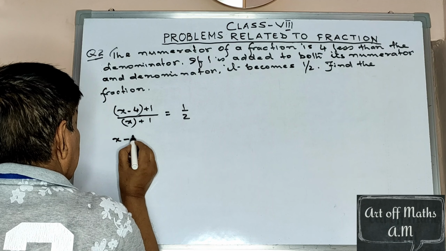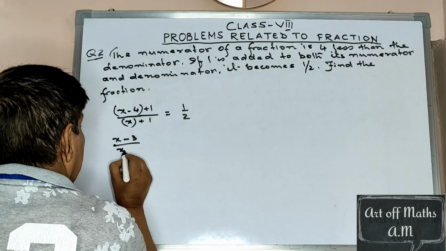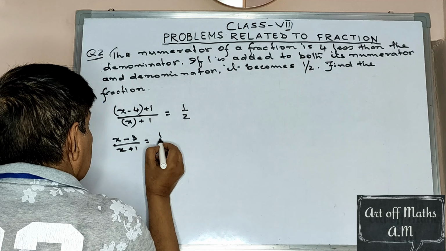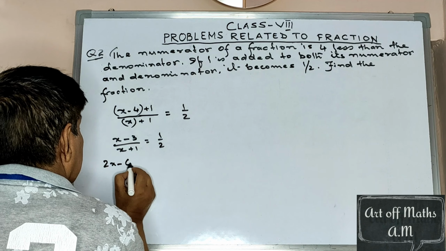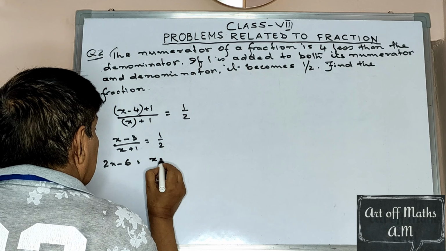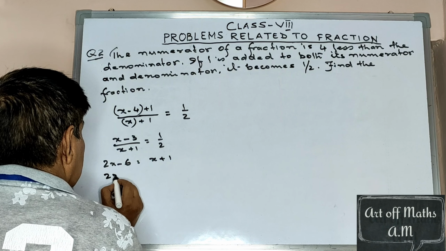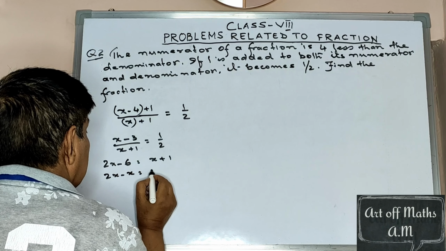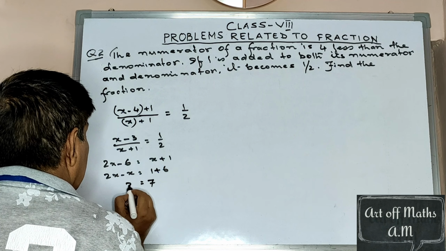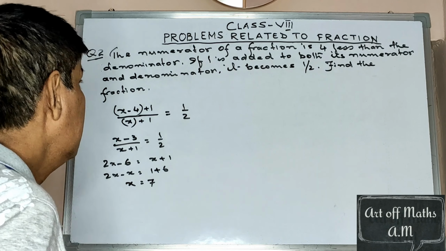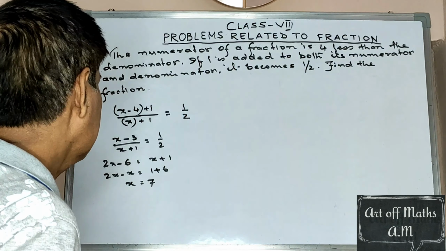x minus 3 over x plus 1 equal to half. 2x minus 6 equal to x plus 1. 2x minus x equal to 1 plus 6, that is 7. x equal to 7. Find the fraction.